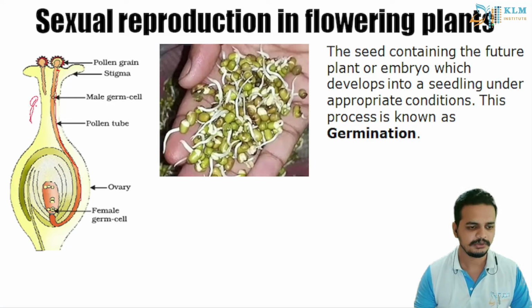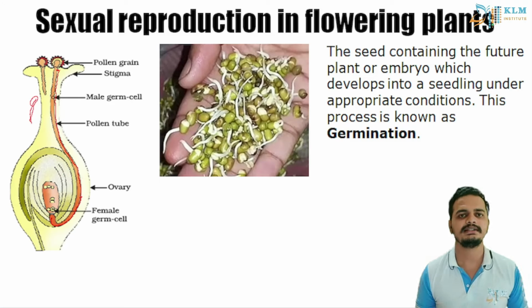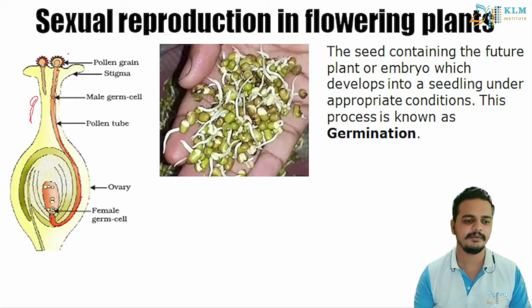It reaches down through the style and goes to the ovary. In the ovary, what happens is the ovary contains ovules which have the egg in it. So the male reproductive pollen grain reaches down to the eggs of the ovary and fertilizes there.